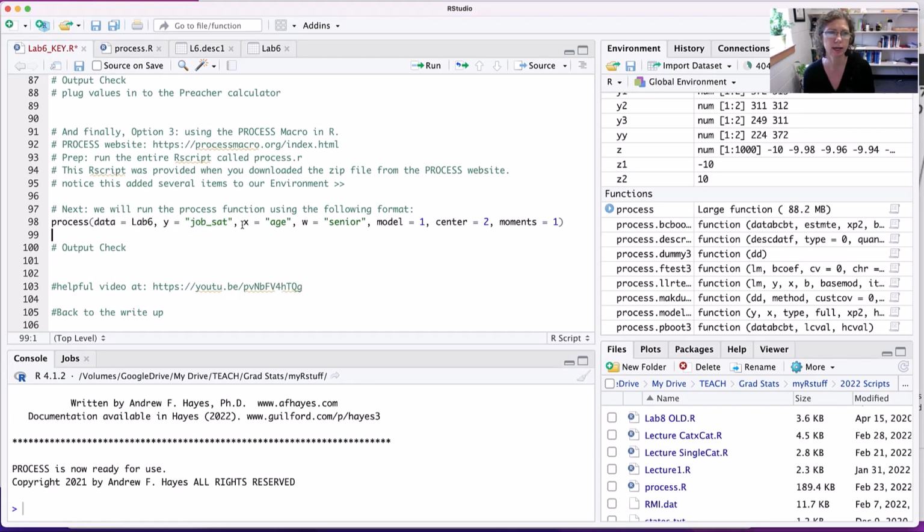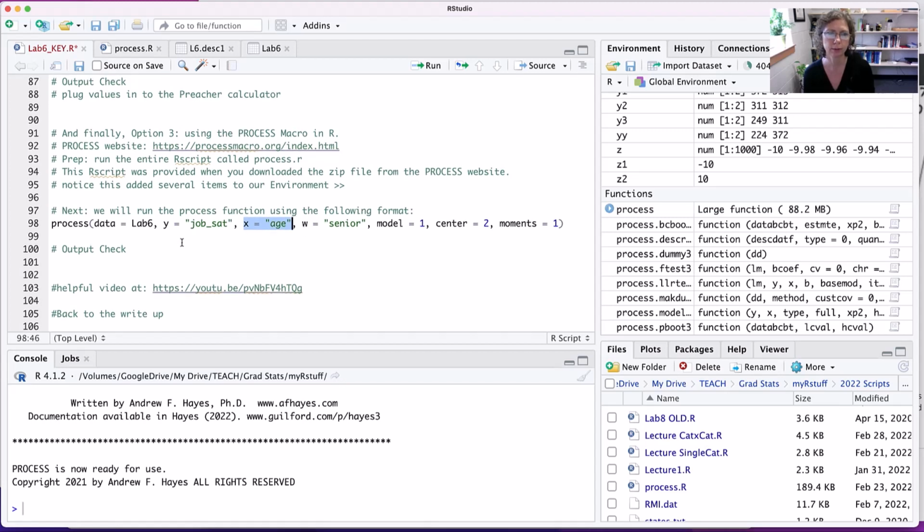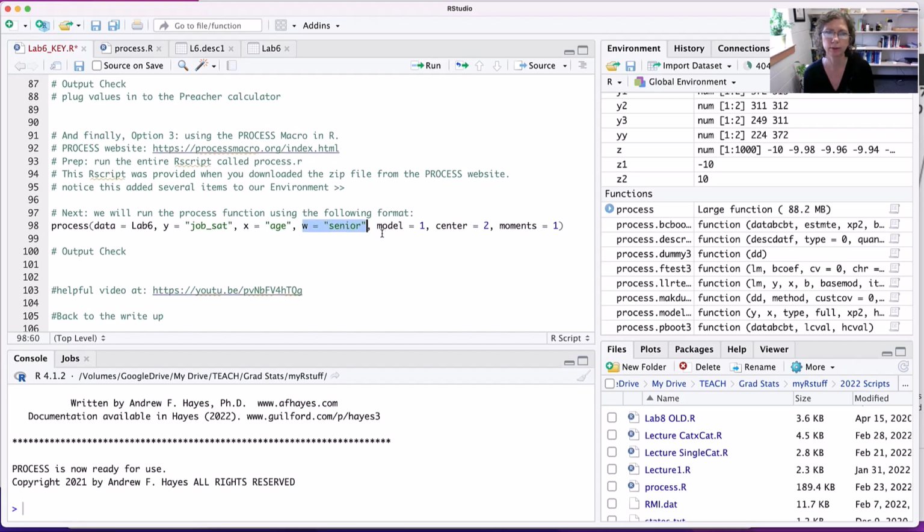So Y job sat, X, that's your focal variable. W is your moderating variable. Model 1 is the number of the model in process that runs one single moderator. They do have other models like checking out mediation and things like that, but the one we're using for our question is model 1.